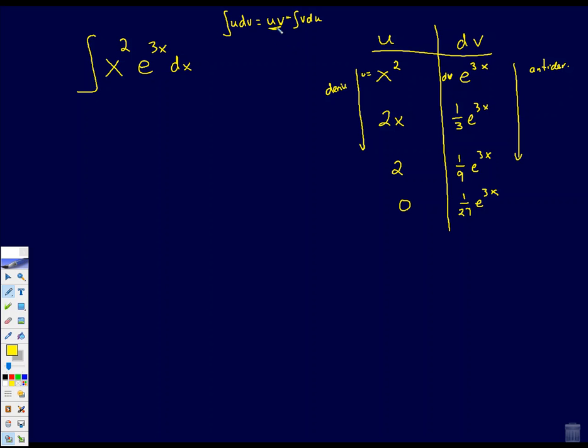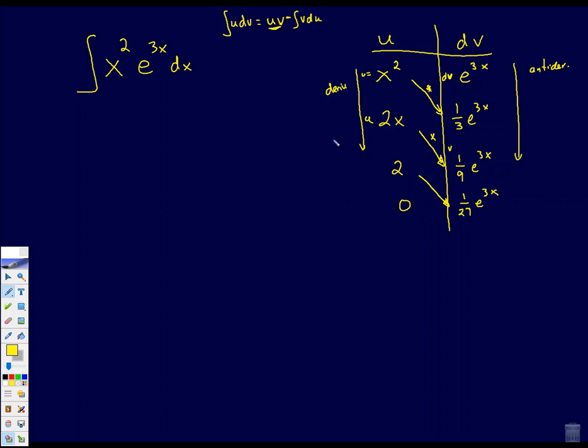So the first uv is going to be found by multiplying these together. But then in the next integration by parts, it required you to reassign the names u and v. So in round 2, this 2x became your u, and 1/9 e to the 3x became v. And so we multiplied these together also. And we would keep doing that, and this one here gets multiplied together also.